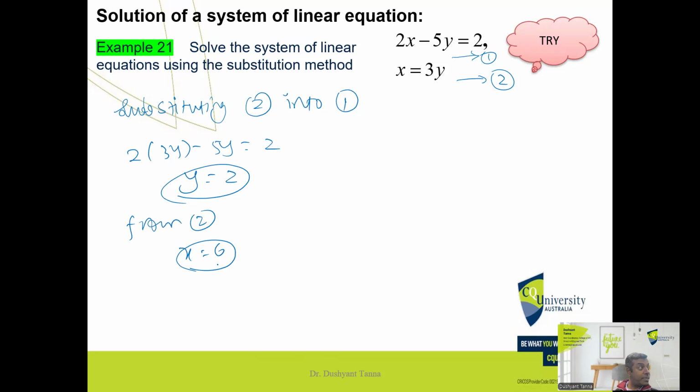Make x or y the subject. It's already given in equation 2: x is the subject. Pick it up, replace it in the other equation, everything in y. Get the y value, go back to the first equation, and that's the x value. It's already given in a substitute form.